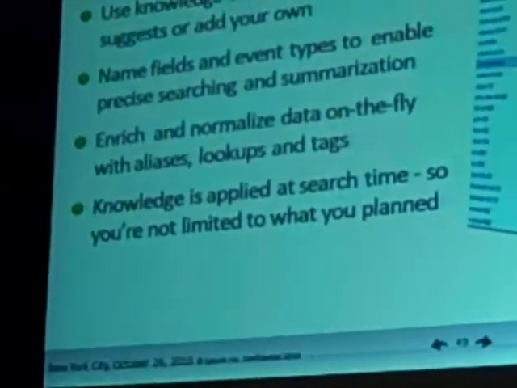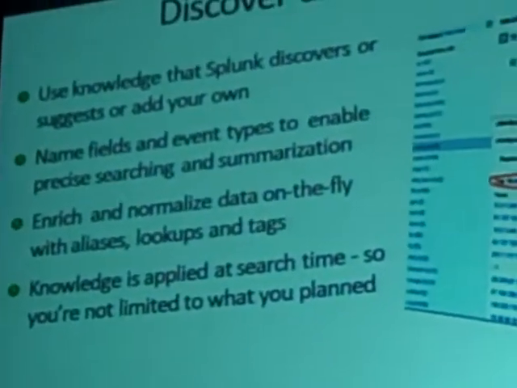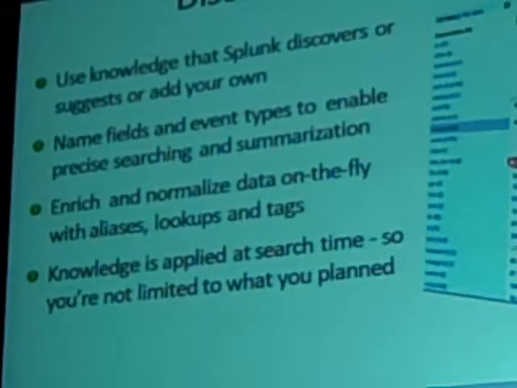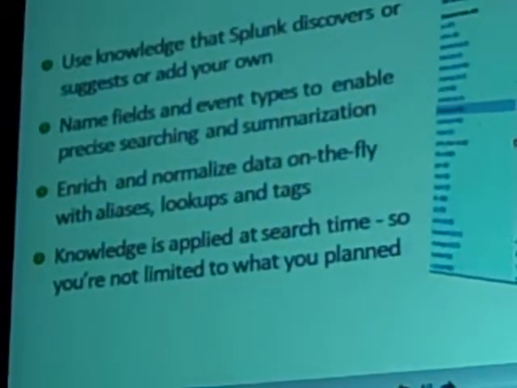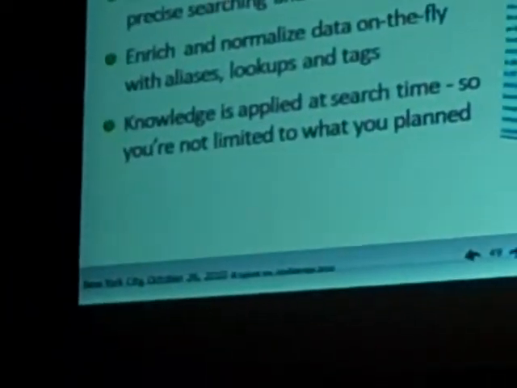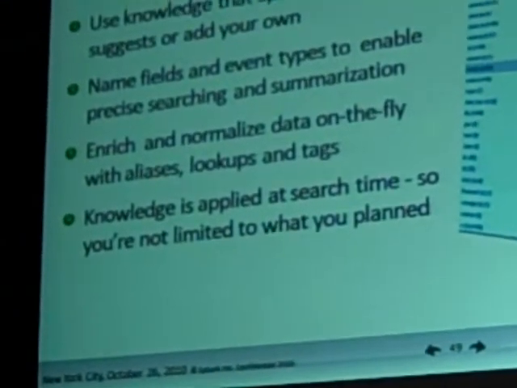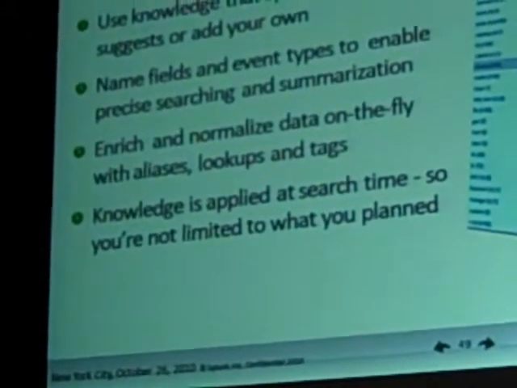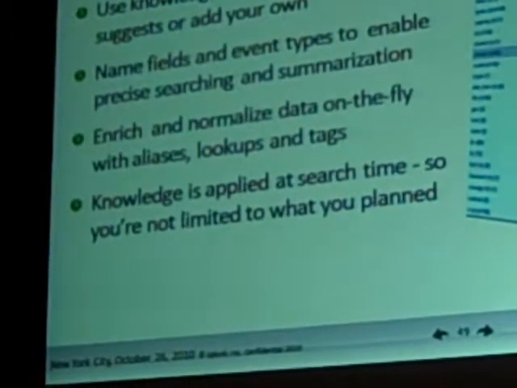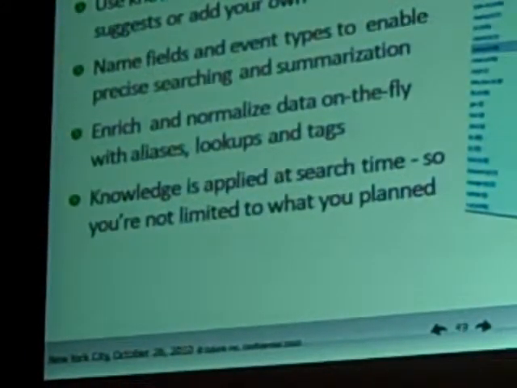Now, this capability of discovering and adding knowledge, this is probably one of the most misunderstood capabilities of Splunk, so I'll put a minute on it. So, knowledge for us is going beyond this sort of unstructured, free-form search into being able to have structure on the data, but have that structure be applied at search time and be something that can be changed at any time by users or added at any time by users.